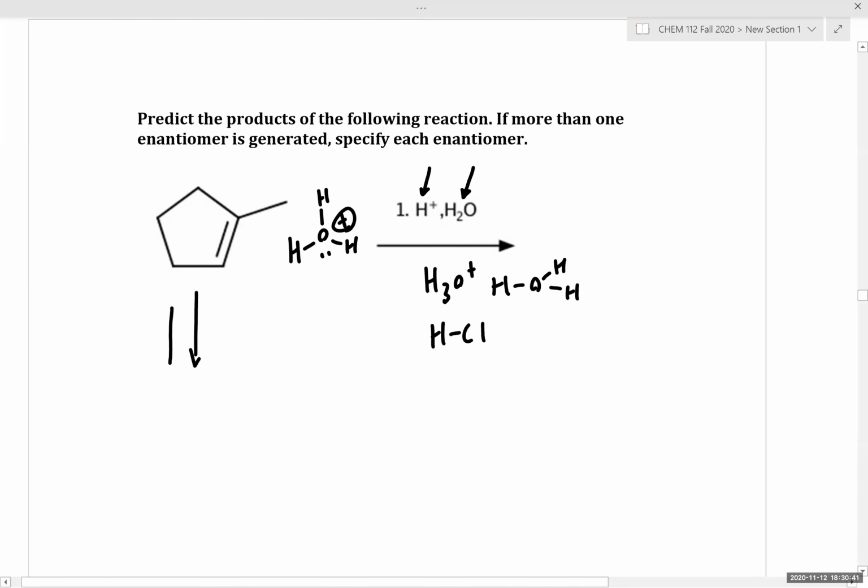Keep in mind that this is a reversible reaction. What's the first step that we've seen time and time again for electrophilic substitution?